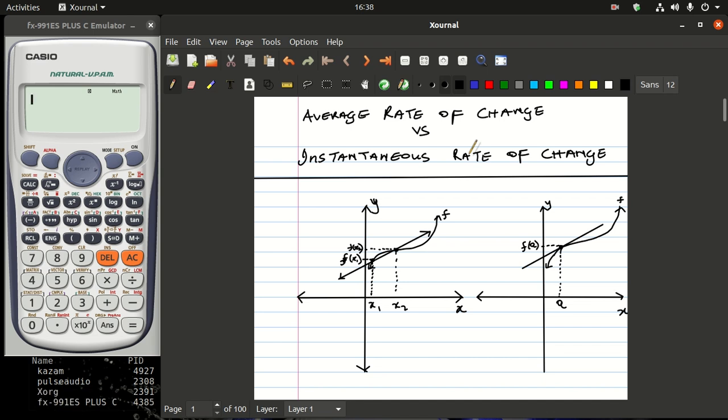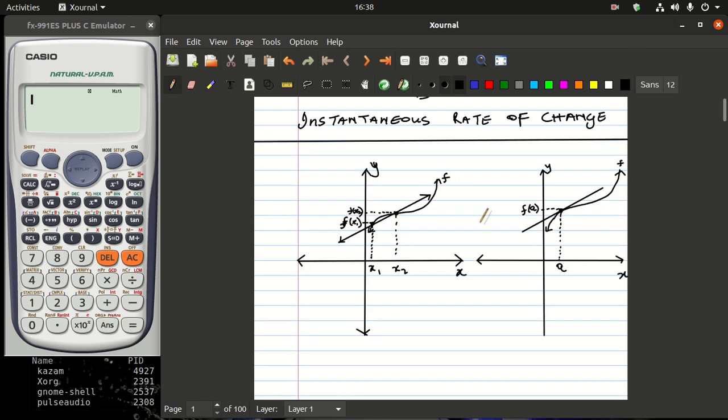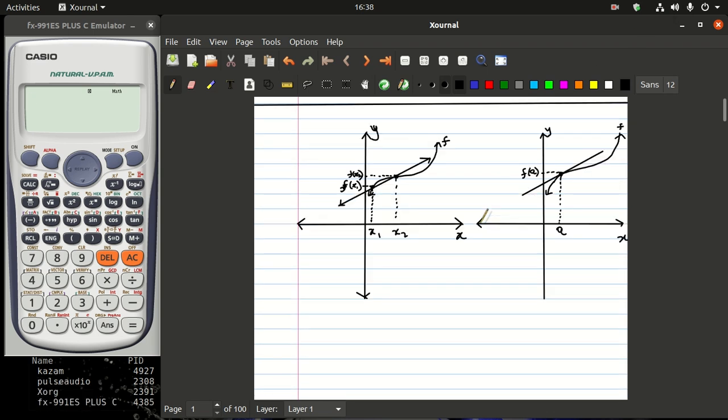When we're dealing with the average rate of change, we need 2 points, 1 point on the curve and the other point on the curve. Suppose this is our curve f.